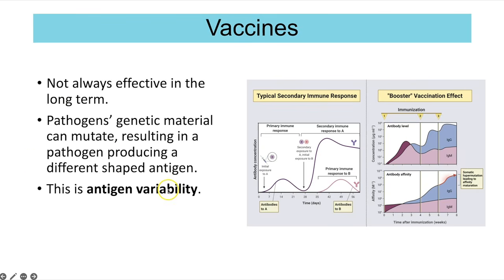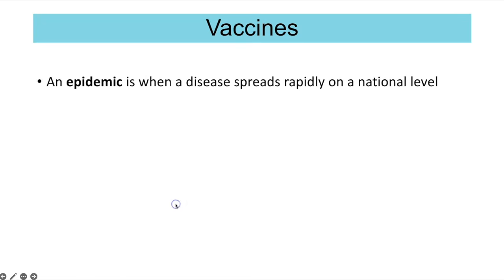And if that's the case, the memory cells that you have circulating in your blood after your primary immune response to that vaccine will now be producing plasma cells and antibodies that are incorrect in shape for this newly shaped antigen. And this is known as antigen variability.